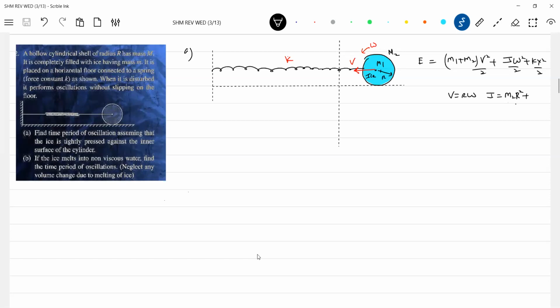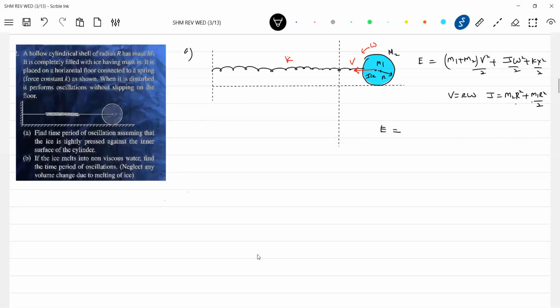Ice is tightly pressed against the cylinder, so it will become a solid cylinder. Let me read the sentence: ice is tightly pressed. Okay, it will become a solid cylinder, M1 R square by 2.